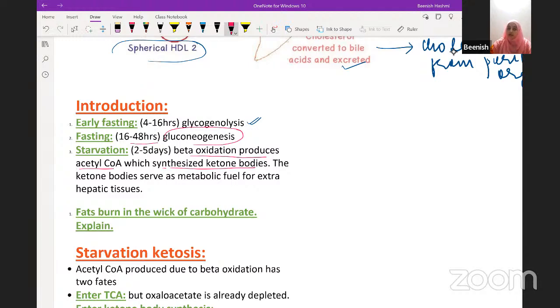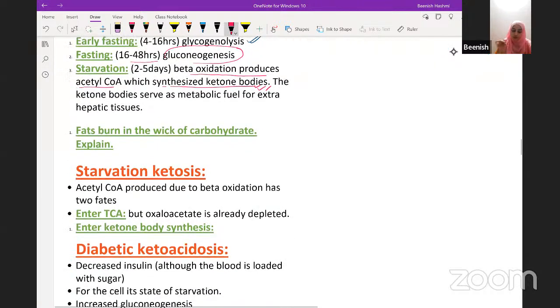So the other pathway that is left for acetyl-CoA is that it enters ketone body synthesis. So this is where your ketone body synthesis comes into role. And these ketone bodies are the alternative metabolic fuels. They serve as metabolic fuel for extrahepatic tissues.